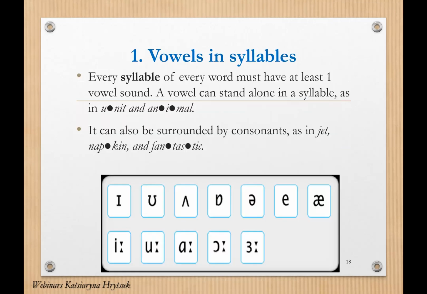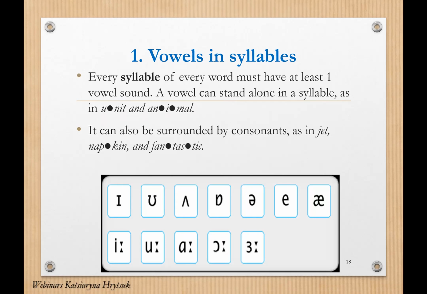Let's go. The rule number 1, vowels in syllables. What we have here: every syllable of every word must have at least one vowel sound. Хотя бы одна гласная должна быть. One vowel sound. A vowel can stand alone in a syllable, like the word unit.